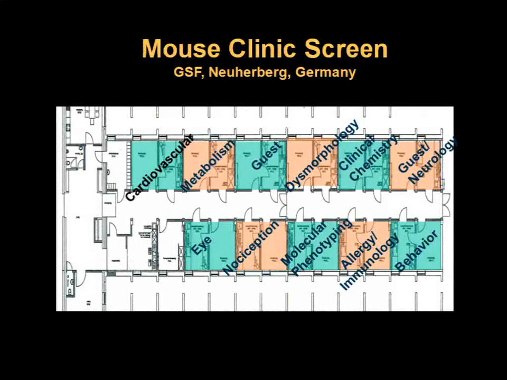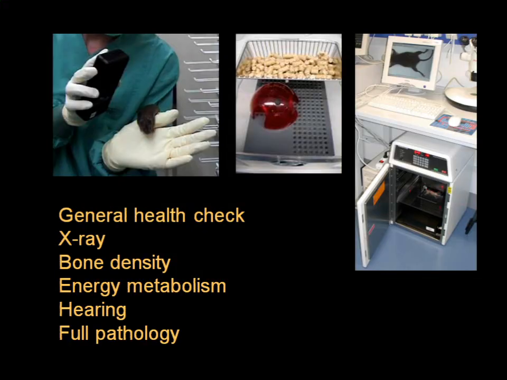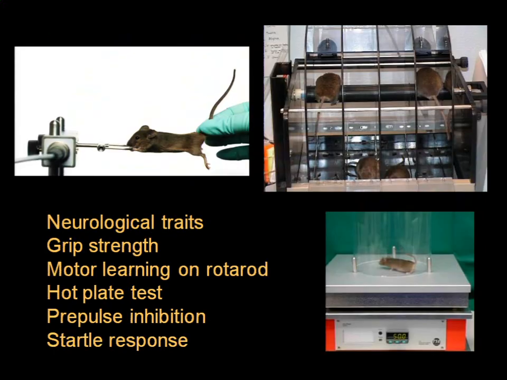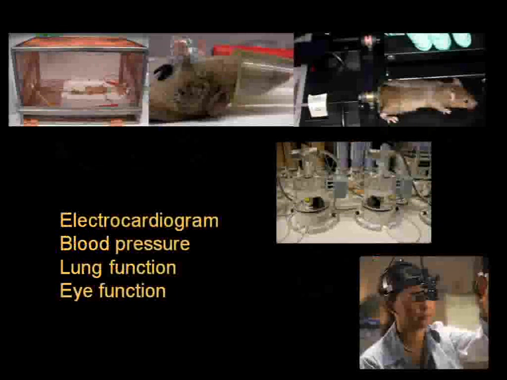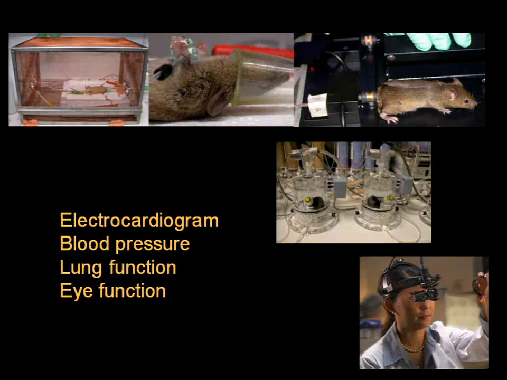So we worked together with the Mouse Clinic outside Munich in Germany, which has a health screen for transgenic mice. Much, much better than what you ever get when you go to your doctor. Just to give you a feeling for this, there is X-ray bone density, metabolism, hearing, strength, startle response, hematology, immunology, and so on, blood pressure, eye function.